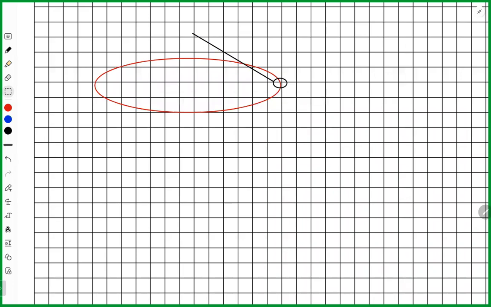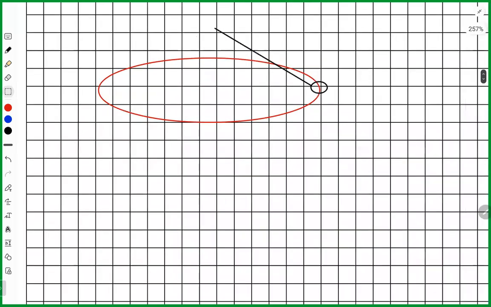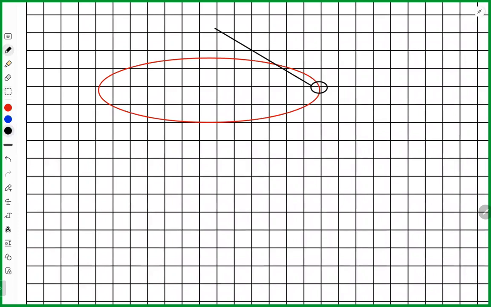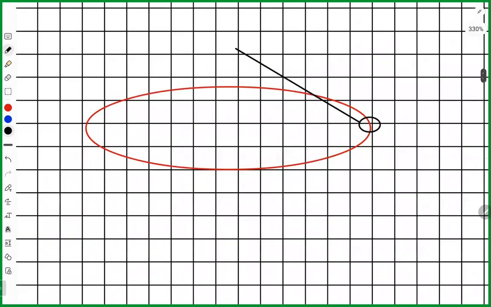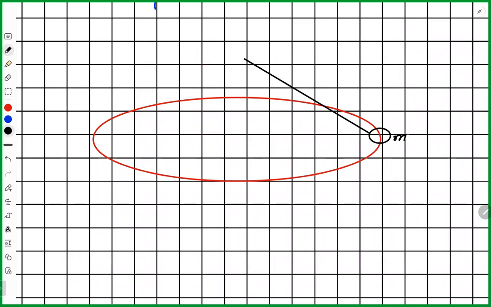To make something move in a horizontal circle, the rope has to be at an angle. This is mass M. This is the path of the object, a horizontal circle. This is the rope, and the tension is this way.